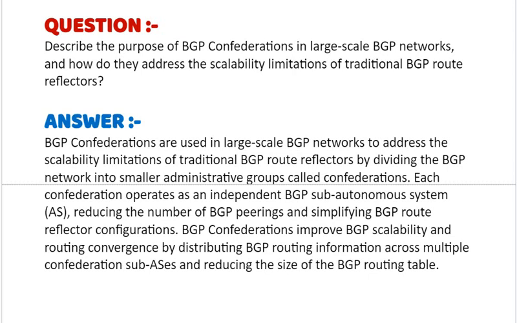Each confederation operates as an independent BGP sub-autonomous system (AS), reducing the number of BGP peerings and simplifying BGP route reflector configurations. BGP configurations improve BGP scalability and routing convergence by distributing BGP routing information across multiple sub-ASes and reducing the size of the BGP routing table.